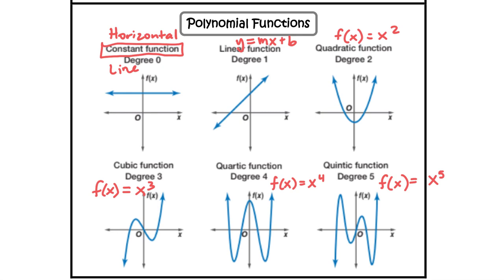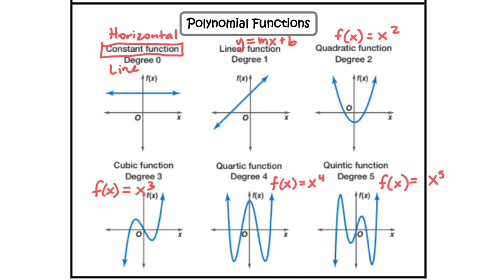Okay, so these are all functions, and we can see their graphs. We have a horizontal line, we have a diagonal line for linear. Quadratic have a U shape. Cubic have kind of this S shape or like a snake. Quartic have like a W shape. And quintic have kind of like the power of 3, but with more turns, more curves inside.